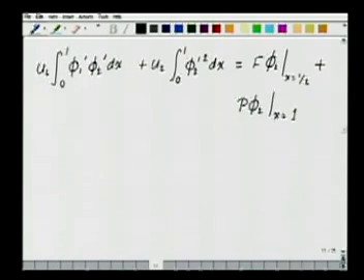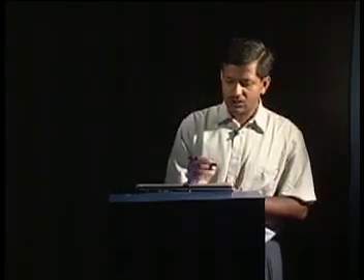So you see that these are essentially two simultaneous algebraic equations in terms of the unknown coefficients u1 and u2.